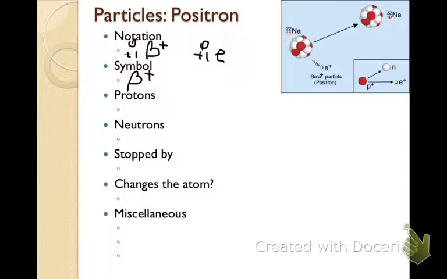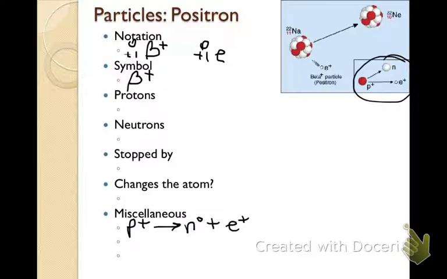In this case, a beta plus particle is actually a proton that releases a neutron and an electron. But it's an electropositive electron. You know, electrons are negative. Again, this is the only time I want you to write that electrons are ever positive. So protons release a neutron and an electropositive electron.